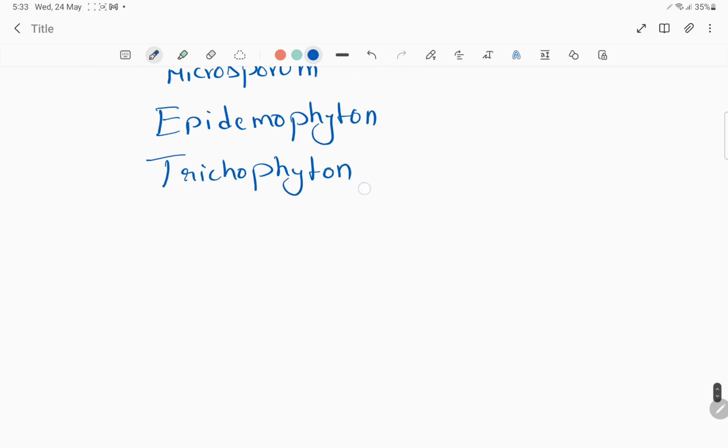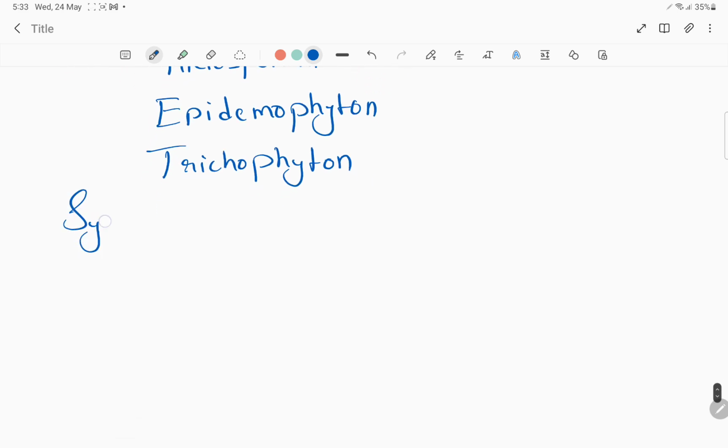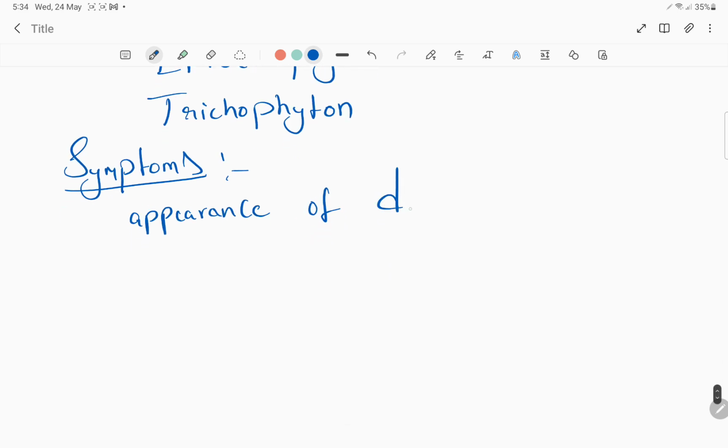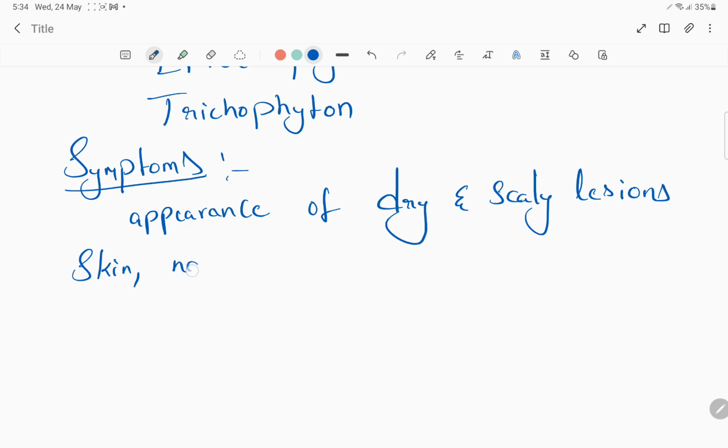So the symptoms are the appearance of dry and scaly lesions on the skin, nails, and scalp.